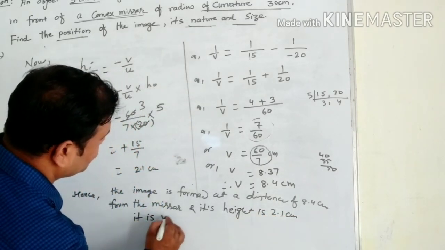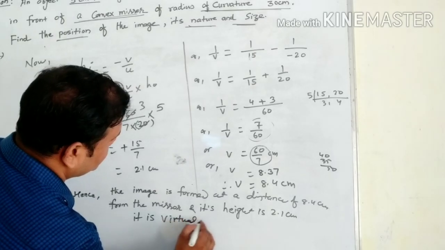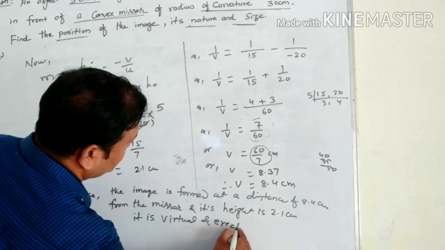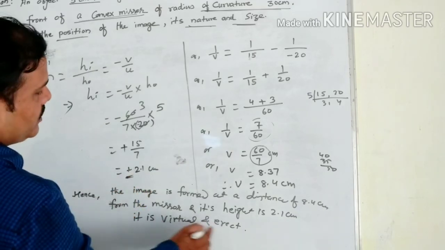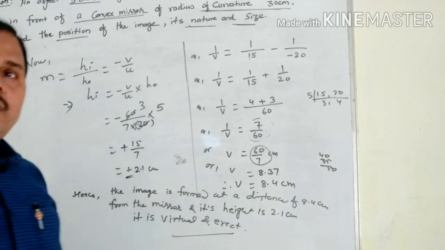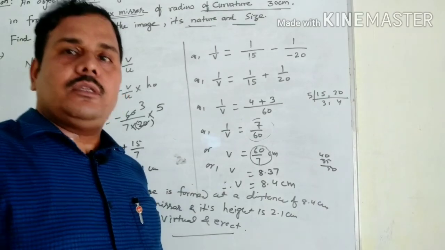It is virtual and erect. Why? Because this positive sign shows that it is virtual and erect. That's all. Like this you have to solve the question. Okay children.